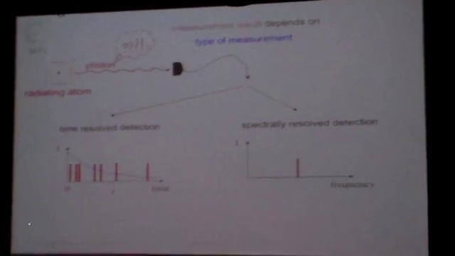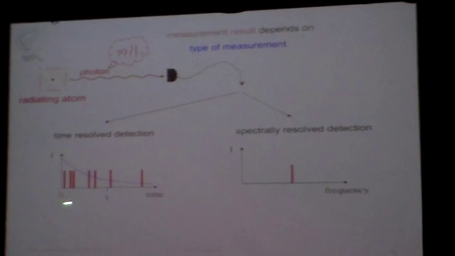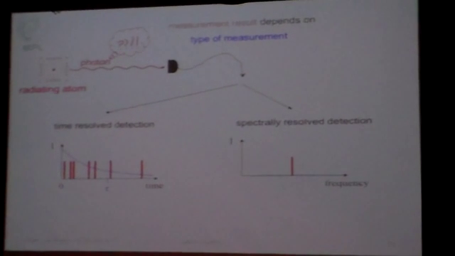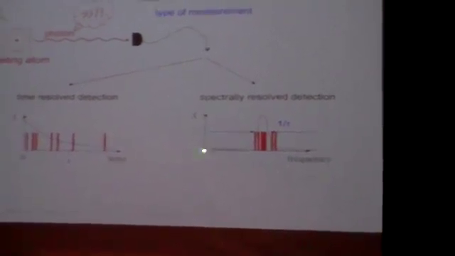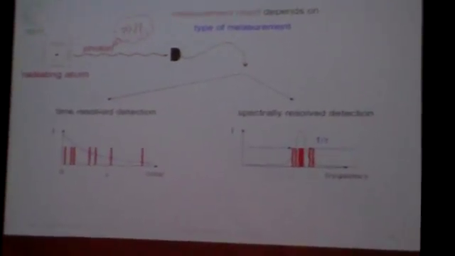Then we repeat the experiment, we excite the atom again at time equals 0 and let go, and then we will see another measurement result. Another pixel goes click, and again we build up a histogram, and now we have a Lorentzian, the width of which is proportional to the inverse of this mean lifetime. So now the question is, what is the photon wave packet which is emitted by the atom?